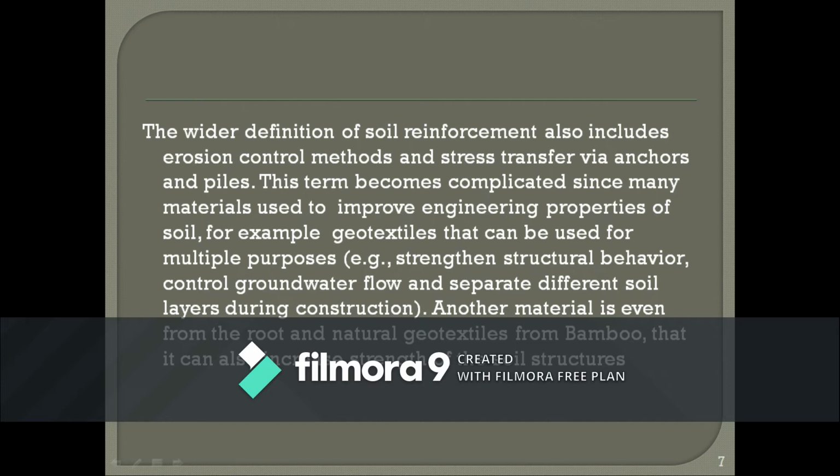Whether you are using geotextiles or bamboo, from natural fibers, from the root, all the parts we are going to use in our soil structure. Bamboo also changes the structure as well as the properties of the soil widely.